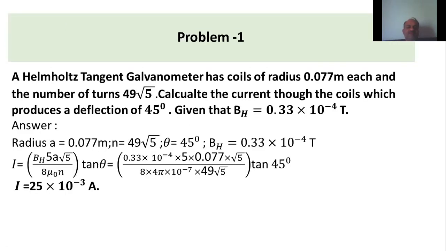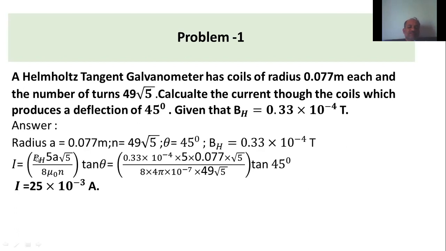So now we'll come to the problem part. A Helmholtz tangent galvanometer has coils of radius 0.077 meter each, and the number of turns is 49. Calculate the current through the coils which produces a deflection of 45 degrees, given that BH, the Earth's horizontal component, is given.